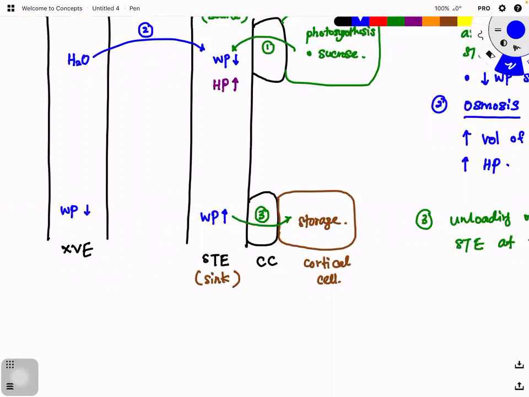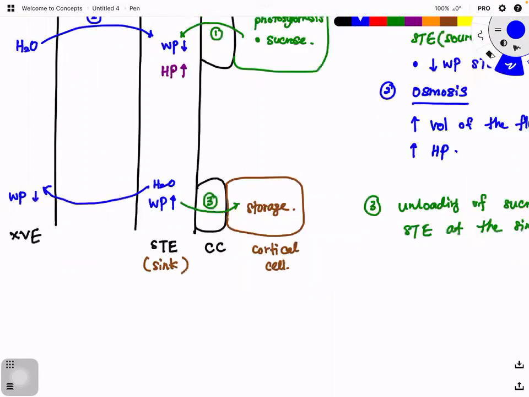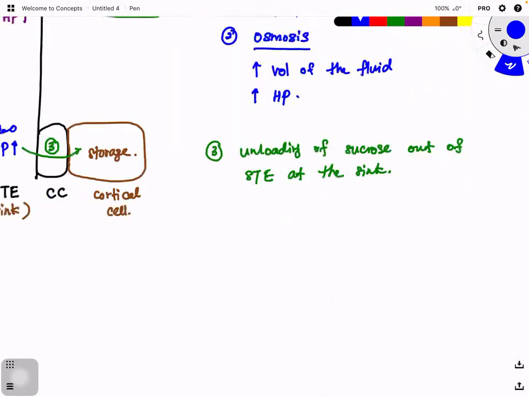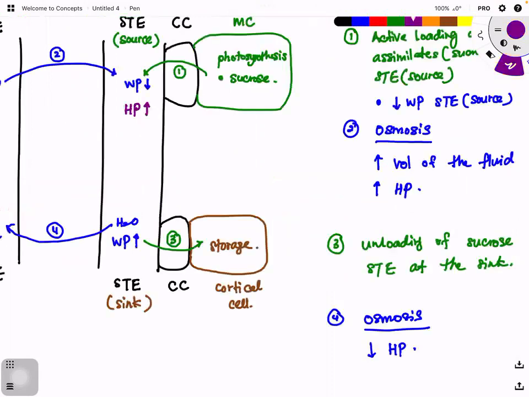Therefore water molecules now move out. So this is number 4, osmosis again. Due to the loss of water, the hydrostatic pressure decreases. In this case, it generates a hydrostatic pressure gradient.